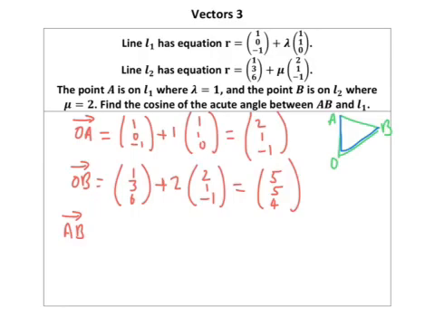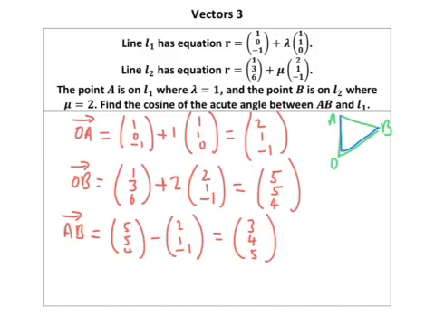So we should have AB is OB, 5, 5, 4, minus OA, 2, 1, minus 1, which is 3, 4, and 5. So there you go, we've got AB, which we could write as 3i plus 4j plus 5k.